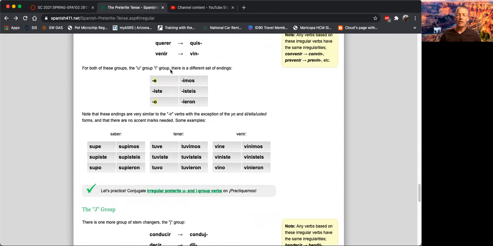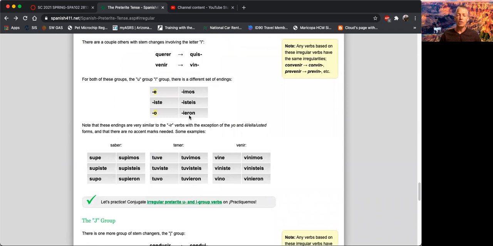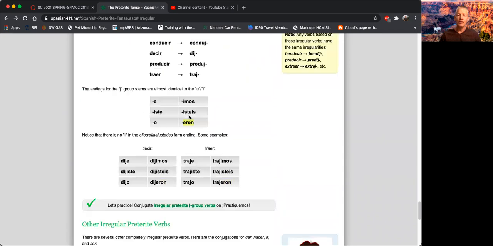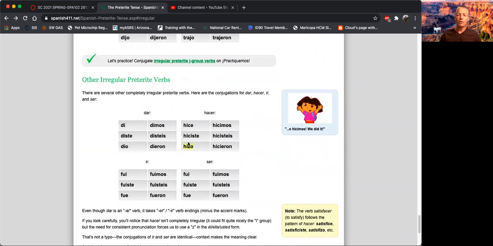It actually has the same endings as the I stem changers, except the usted, él, ella form changes from a C to a Z to accommodate the S pronunciation. Hice, hiciste, hizo, hicimos, hicisteis, hicieron.